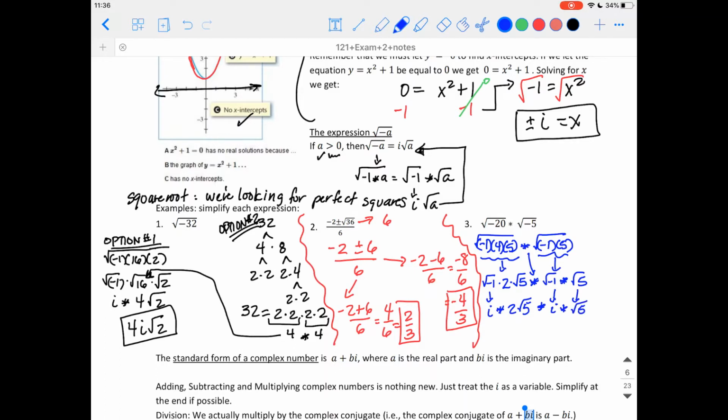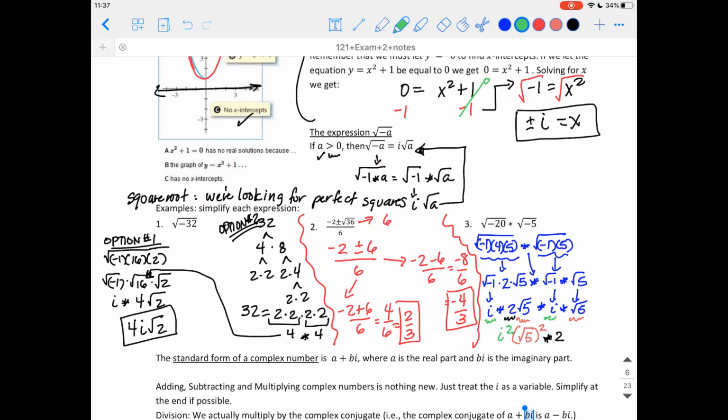Combining like terms, if I do i times i, I get i squared. And if I do square root of 5 times the square root of 5, I get the square root of 5 squared. And then I have this poor times 2 by itself over here.